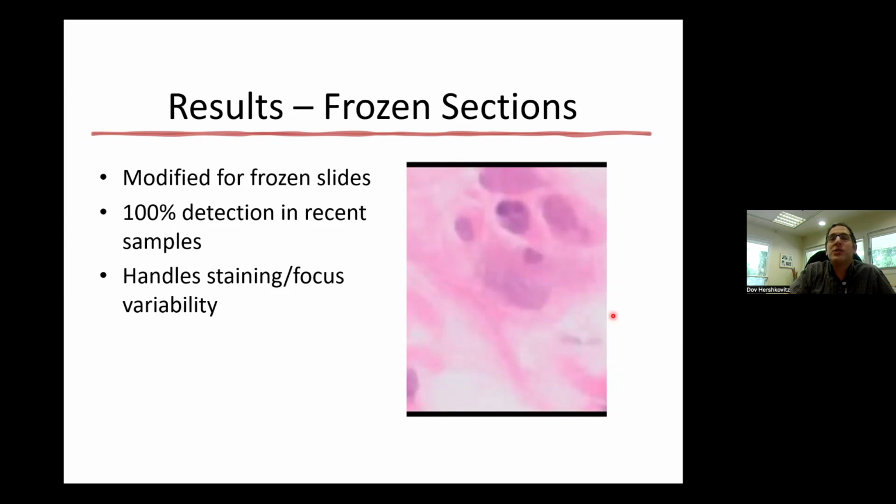We had very good success with recent samples, and by recent samples I mean samples that were generated from 2016 until now. Older samples had the stain faded in some of them, and they were not good enough.